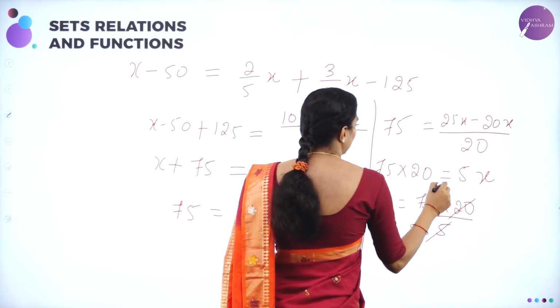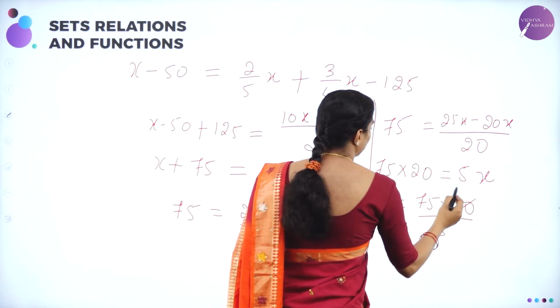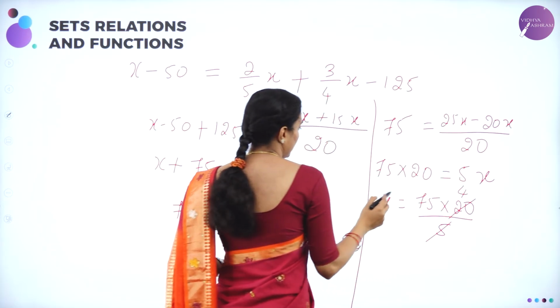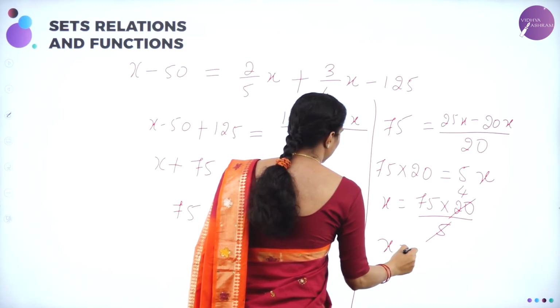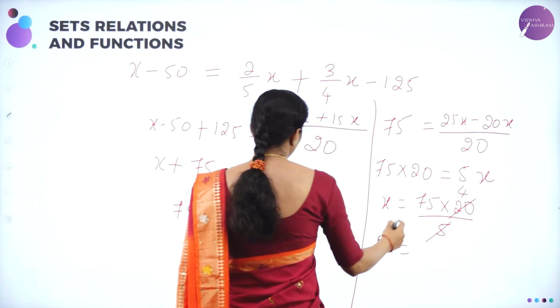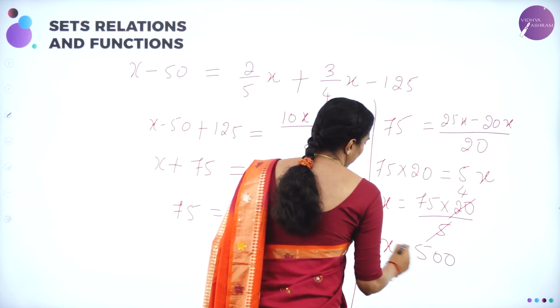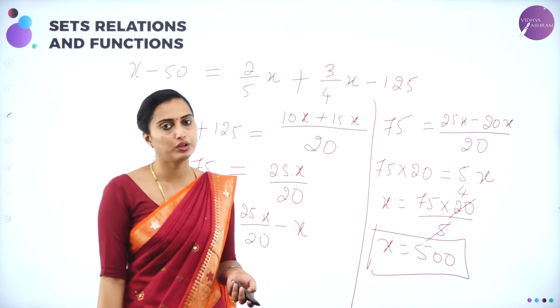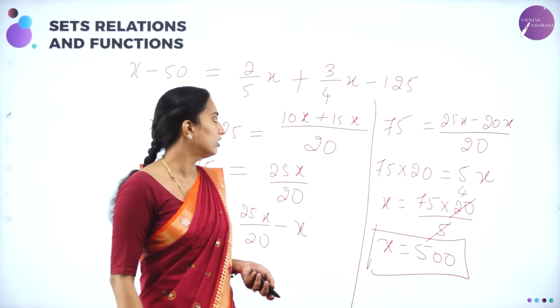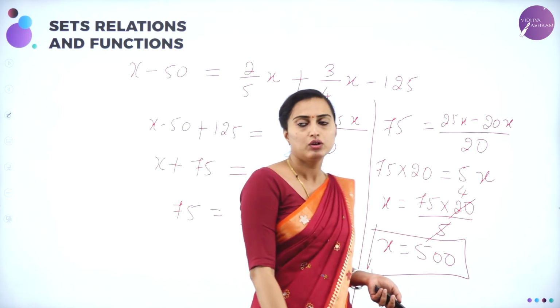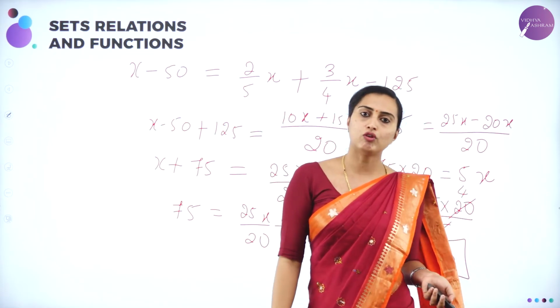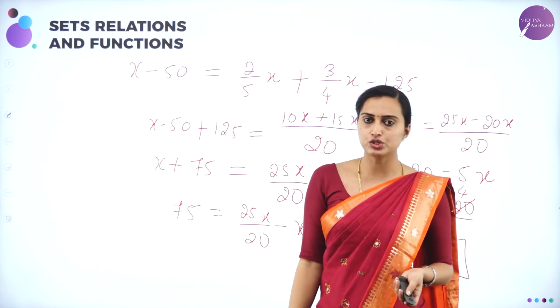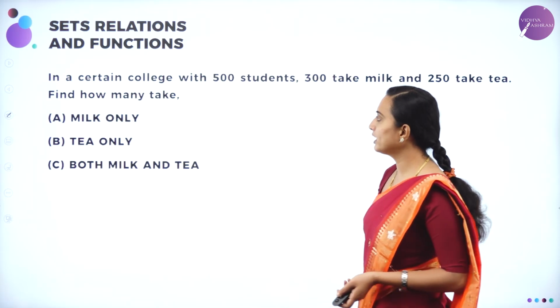So 5 4s are 20, correct? 75 into 4, x will be equal to 300, the answer you are going to get is 500. So the number of students will be 500 students. Okay, I think you got this answer. We have solved by using the formula itself. Understood? So we'll be moving on to the next problem.